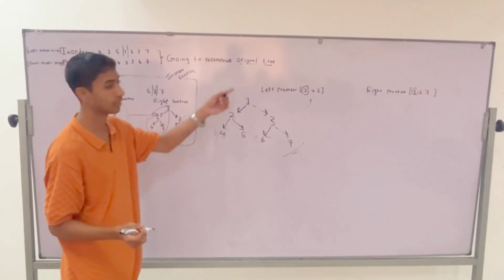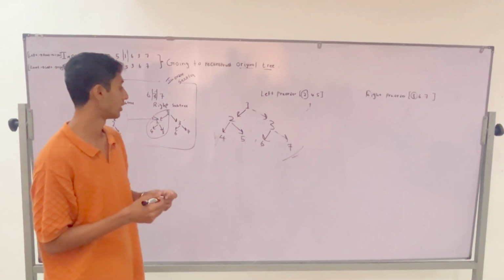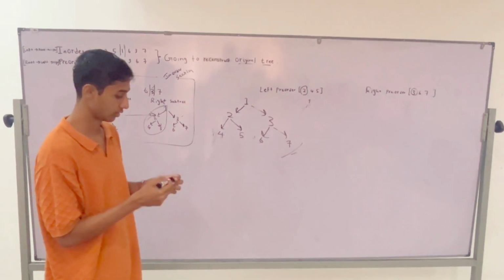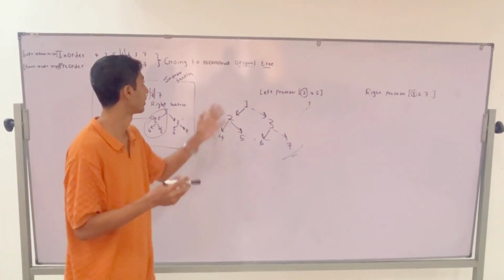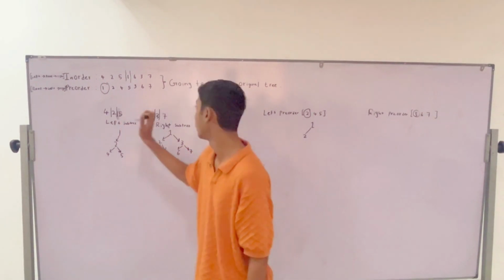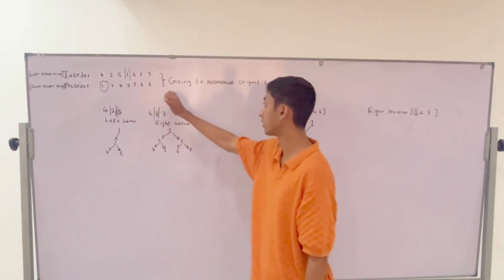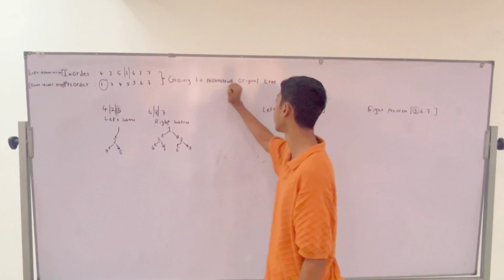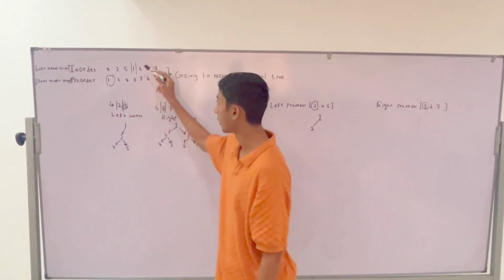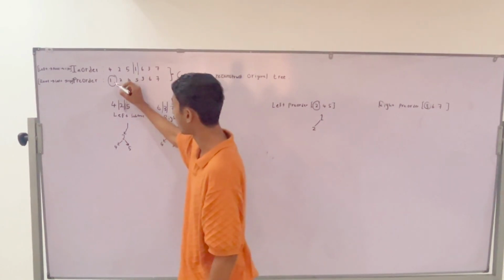So this is the reconstruction of the original tree. So a similar answer is here. This is all about the reconstruction when pre-order and in-order sequences are given. Now using these two sequences, we are going to reconstruct the original tree. So in that, first we will have the pre-order.